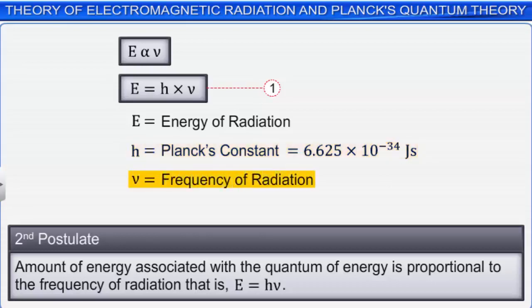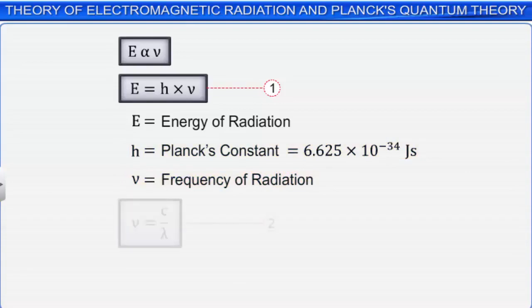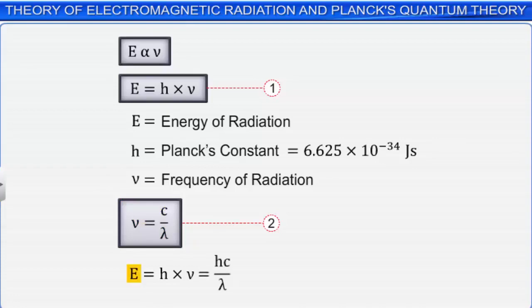To write this equation in terms of velocity and wavelength, substitute the equation 2, that nu is equal to c divided by lambda, in the above equation. Hence, the resultant equation is E equals h multiplied by c divided by lambda.